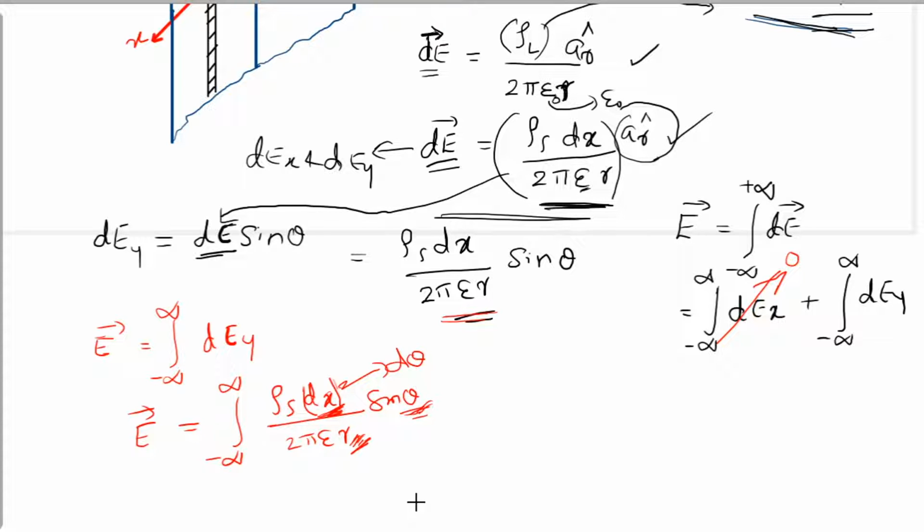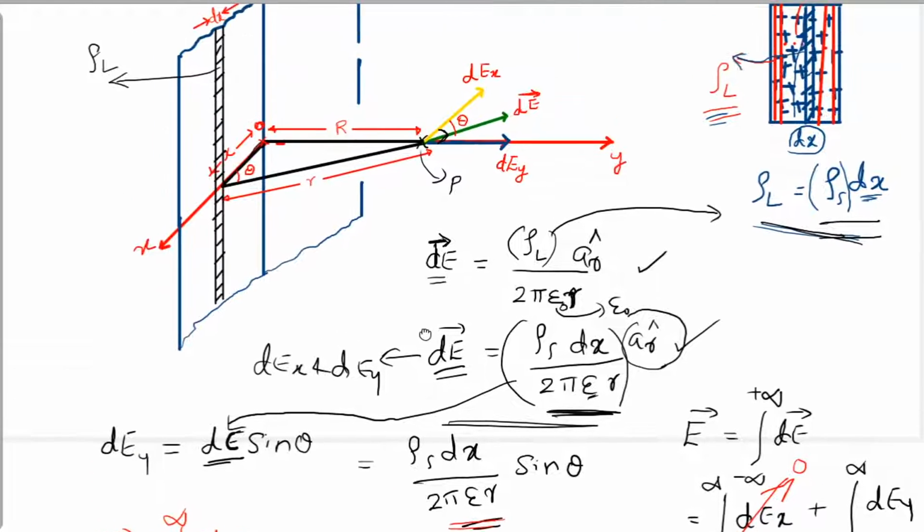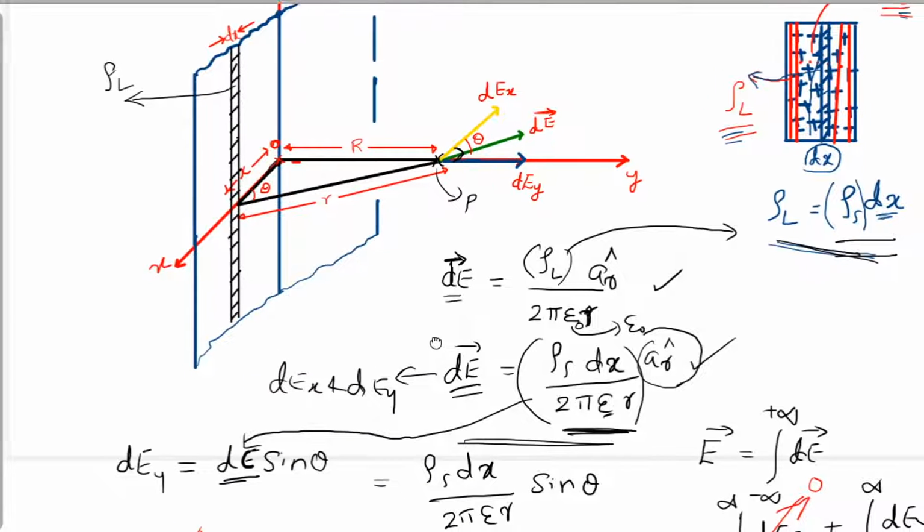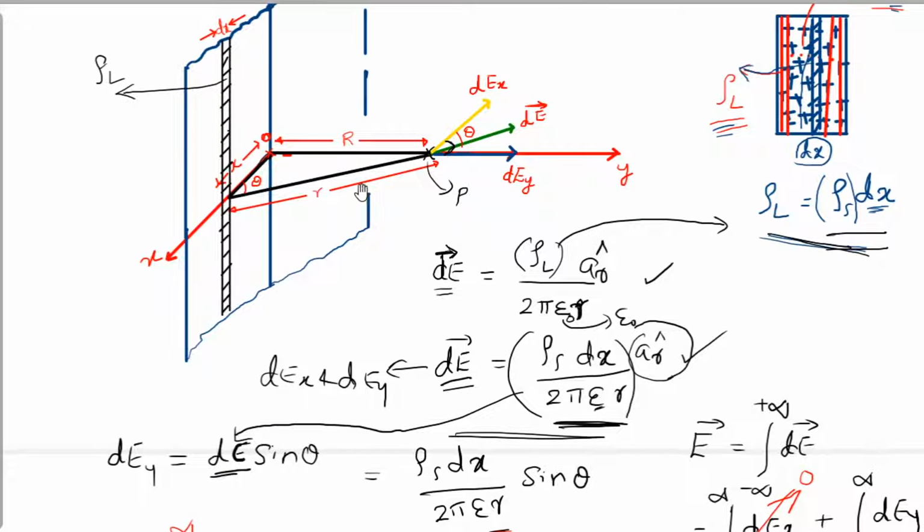So let us try to do that. How to do that? So let us go for the geometry. Let us go to the figure. So please listen carefully. From this figure, I'll use this space. From this figure, consider this triangle.